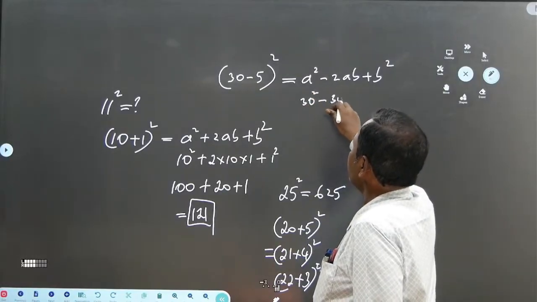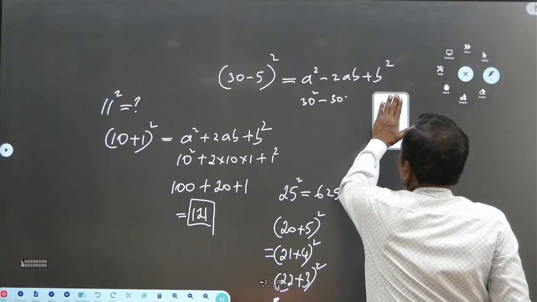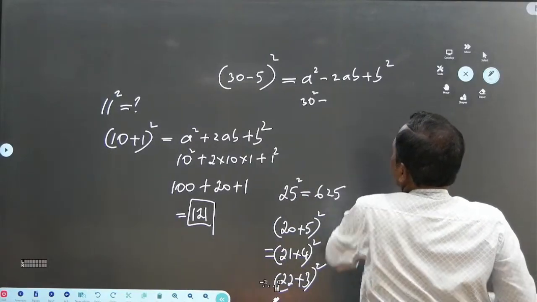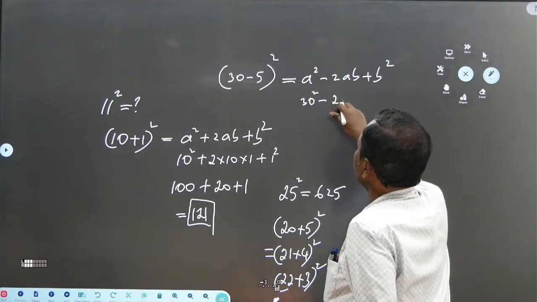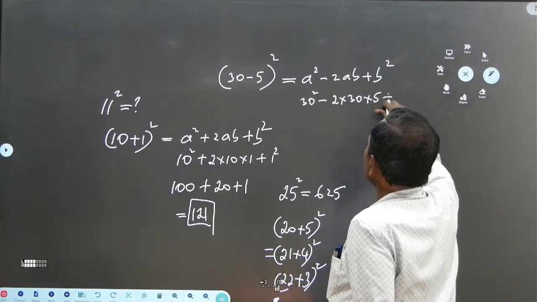So 30 square minus 2 into 30 into 5 plus 5 square.